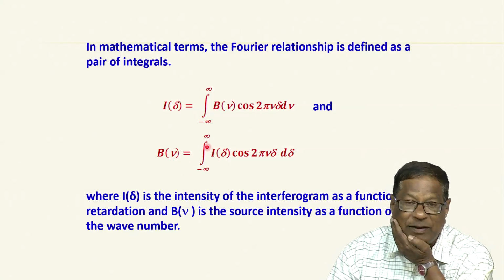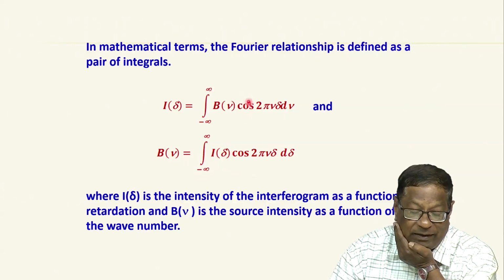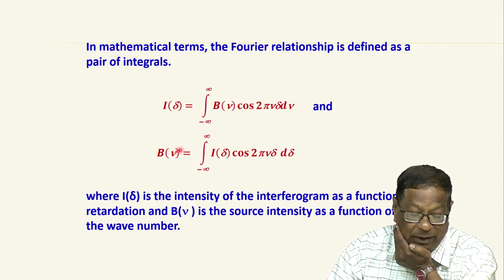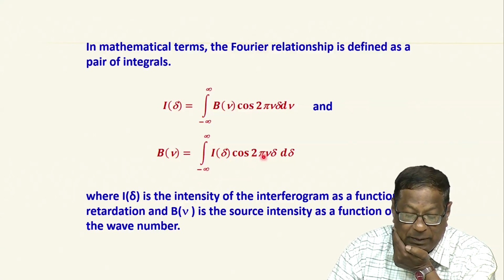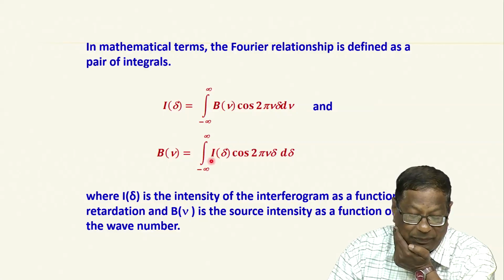Both of them are functions of each other. Now, you can see here I(δ) is a function of B(ν) and B(ν) is a function of I(δ). So, remaining is essentially same, but both of them are minus infinity to plus infinity.